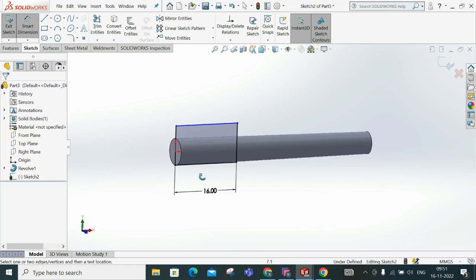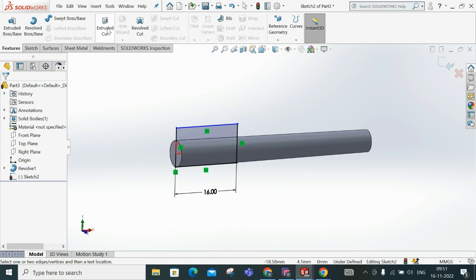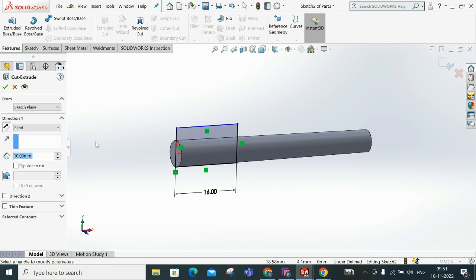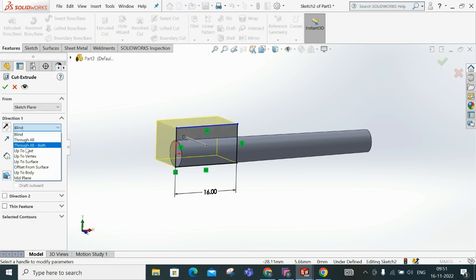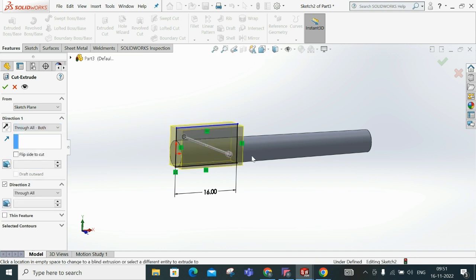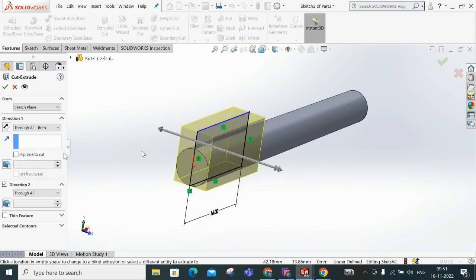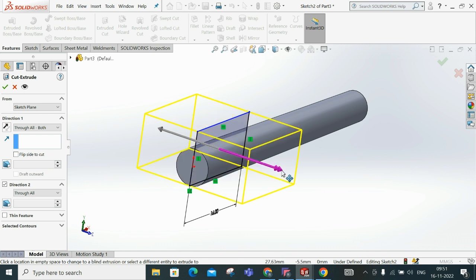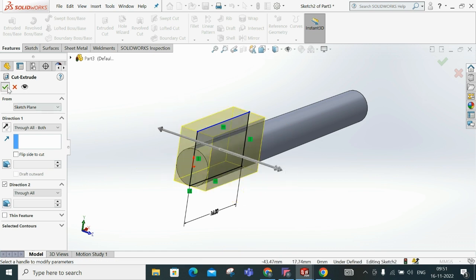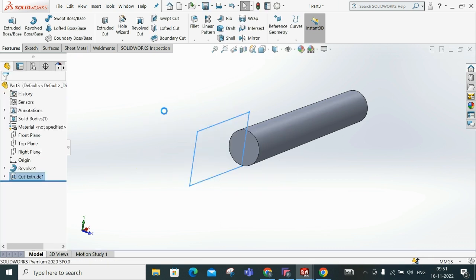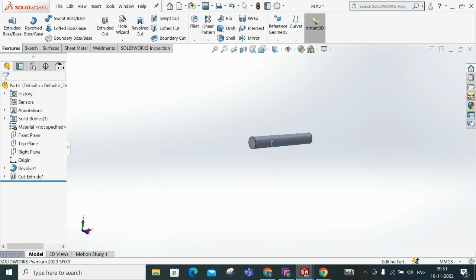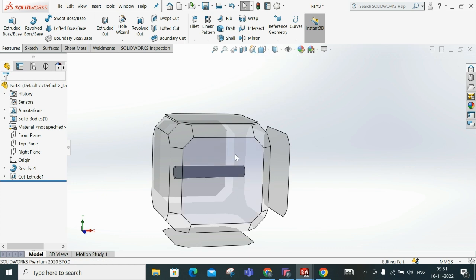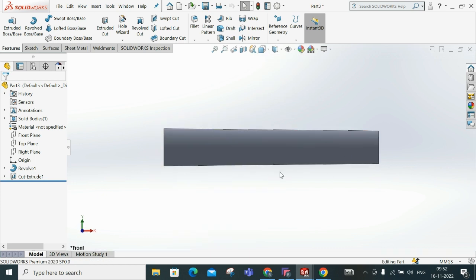And cut this thing: feature, extruded cut, through all both. That's it. The condition is satisfied, and the length is satisfied too, right?